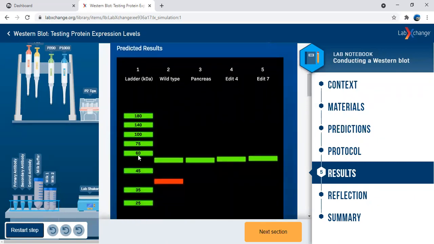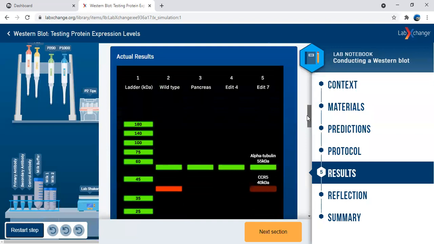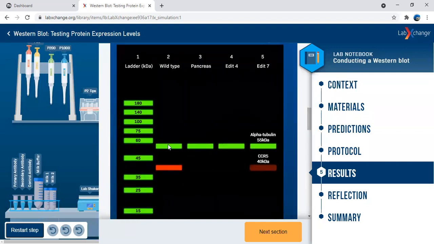This is what I predicted. The 55 kDa for the tubulin and the CCR5 40 for the wild type. Actual results as seen here would be the 55 for the alpha tubulin, yep.